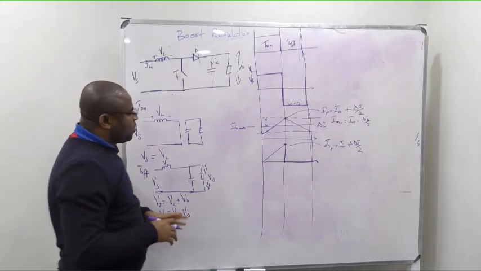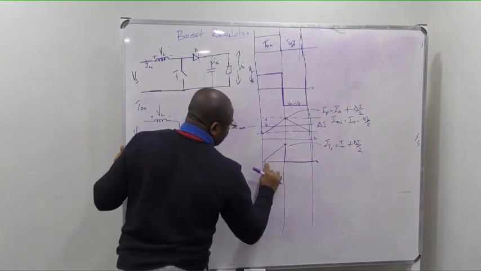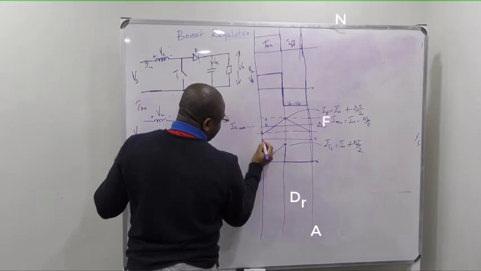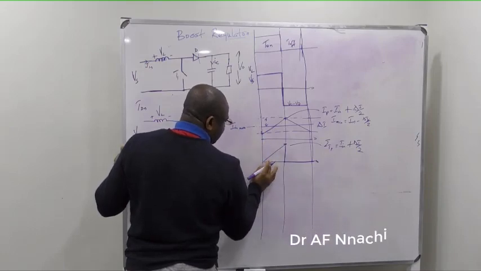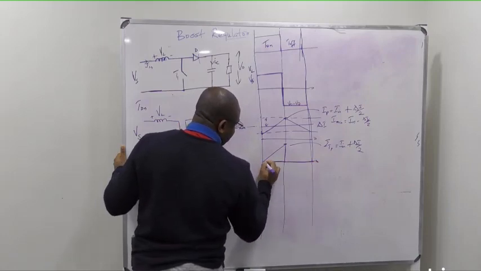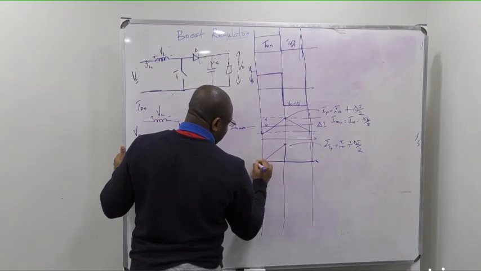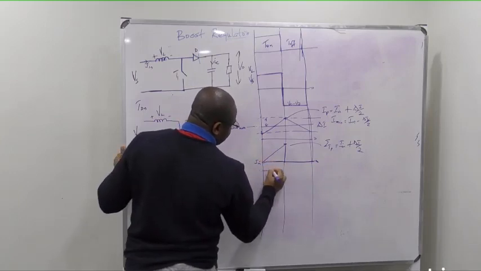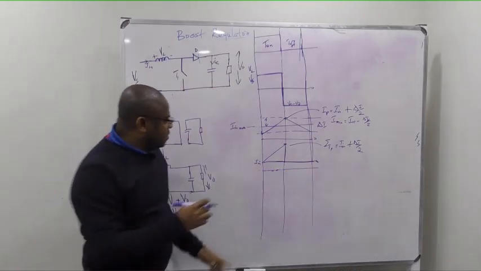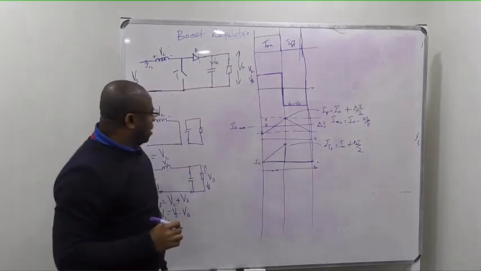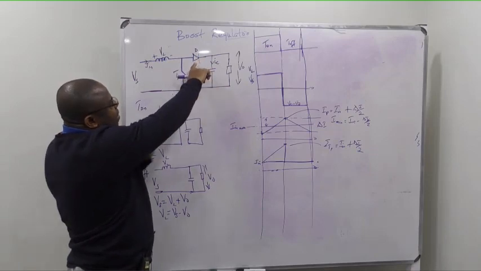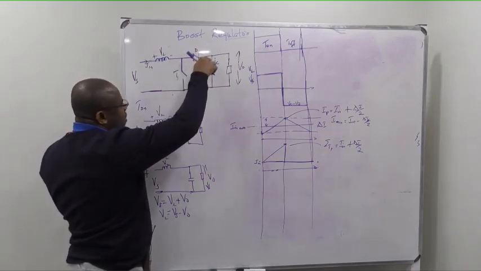Now, when you come to the diode, remember that this is not at zero crossing. Look at the way it starts here. This is not a reference, this is just the average value, I in average. So our reference is somewhere there. Now the same thing happens to the diode. When the switch is on, no current flows through the diode, but once it's off, current flows through the diode.